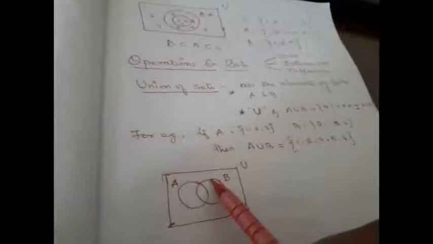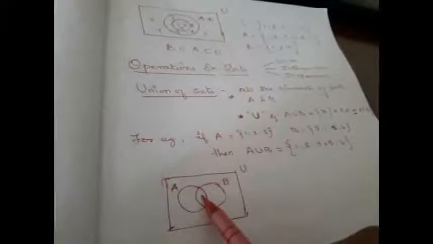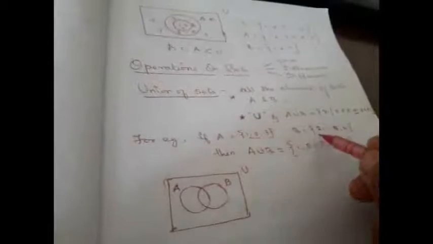Now if this is set A and this is set B, how will you represent the elements here? First write the elements which are common in both A and B. Which is common in both A and B? 1 and 2. 1 and 2 are available in both the sets. So you can write them in this common area. Then which element is available only in set A? 3.